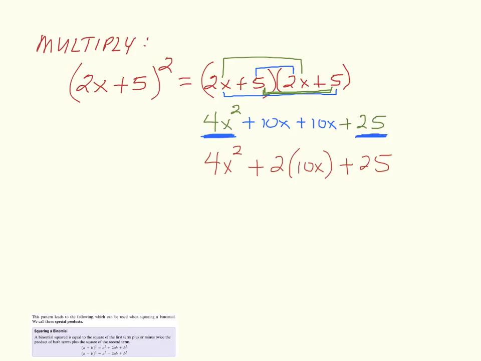Well, let me break it down a little bit further to show you where this came from. Remember the 2x that we had? Well, what do we get when we square it? We get 4x squared. Remember the 5 that we had?